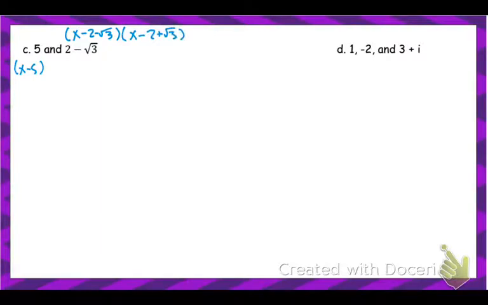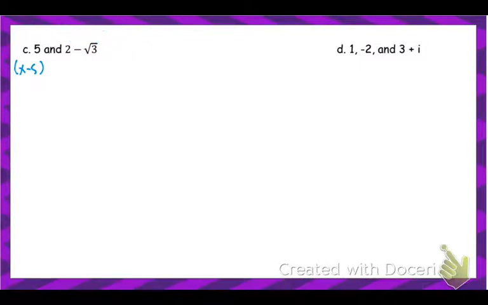And you can FOIL it out just as we've been doing. If you do it this way, remember the sign here does not change. Where the sign changes is because it's the conjugate, so it's in between the square root and the number, that's where we change the sign.